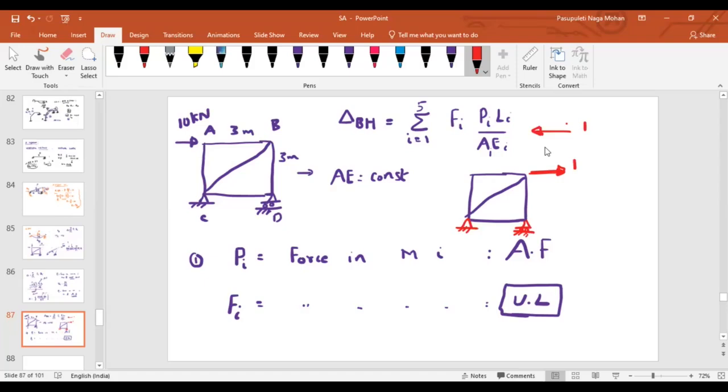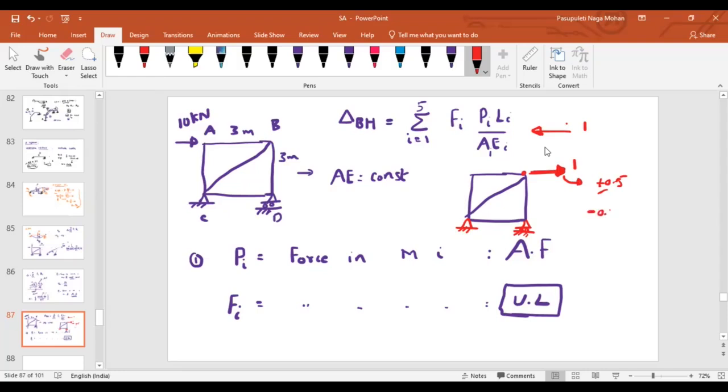Suppose I consider it like this, and in the answer I get, let us say, plus 0.5. The positive represents that the deflection is along the direction of the unit load. That means if I consider the unit load like this and I'm getting plus 0.5, my deflection at that point is 0.5, and it is acting along the right side.